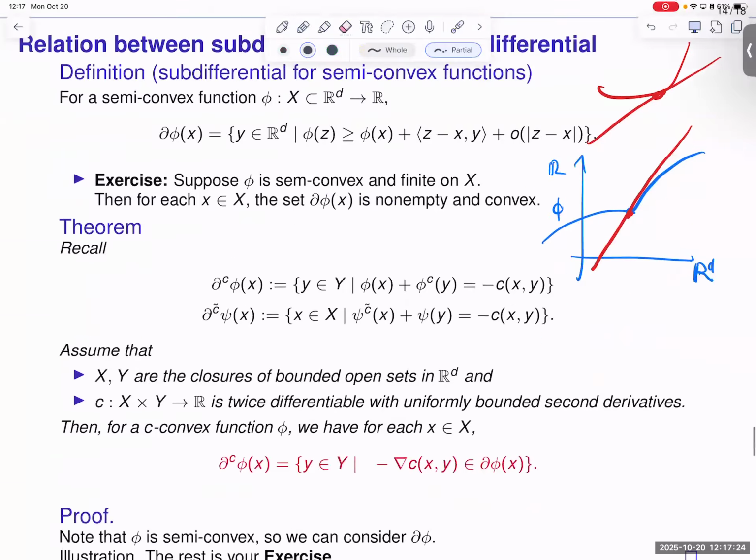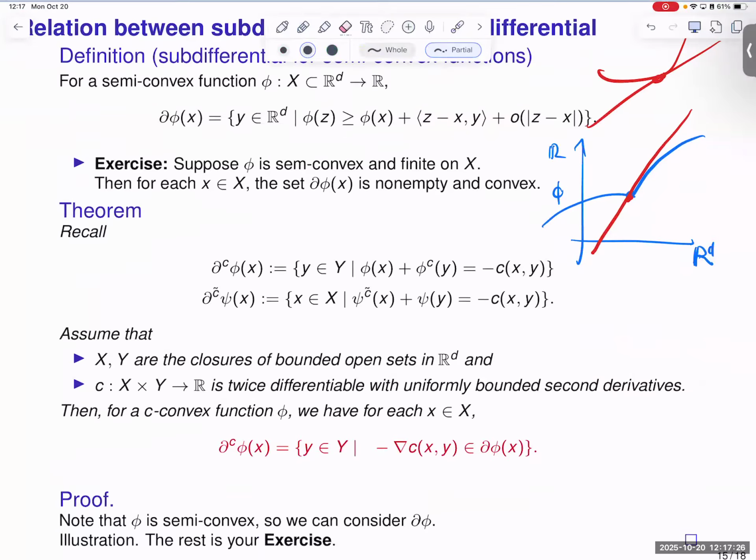Okay, then the point is, in general, for general c, there is a relation between the subdifferential of your semi-convex function and the c-subdifferential of it.